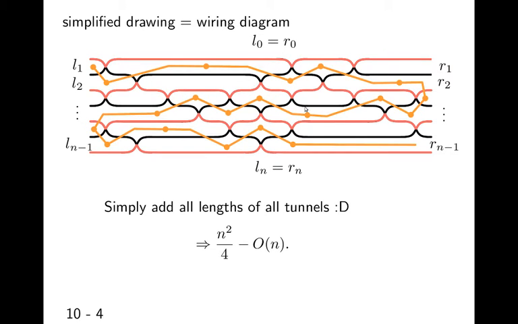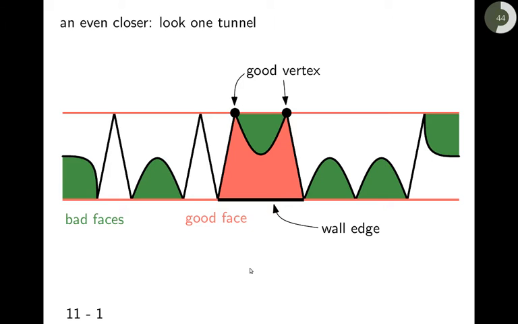For each tunnel we can give a lower bound on how many lines must be crossed, and this gives this number, which is a previous result, but we get it in a much simpler way. But recall we want to get here a 3, not a 4, so we have to do more work.